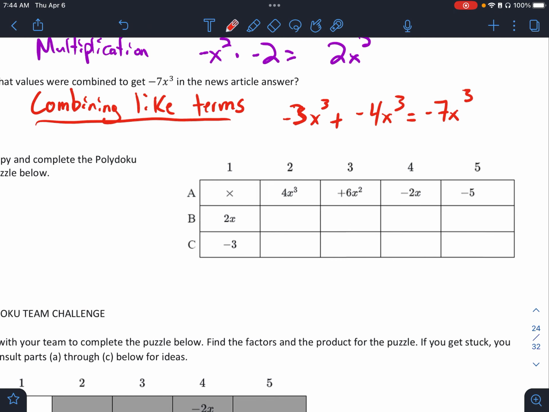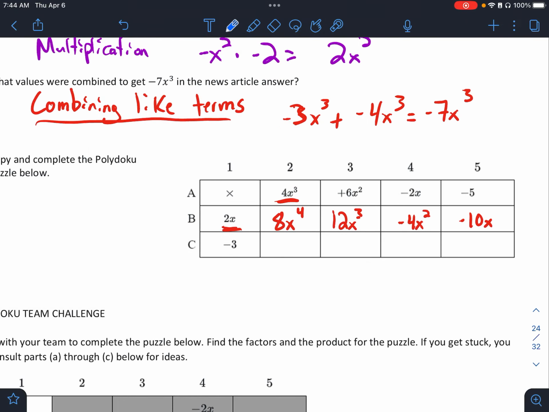So multiplying here, I get 8x to the fourth, 12x to the third, it doesn't really matter what order you go, minus 4x squared minus 10x. And I'm just multiplying this by the top.